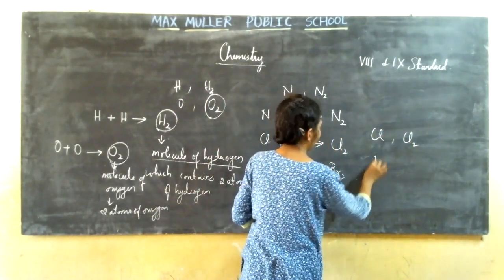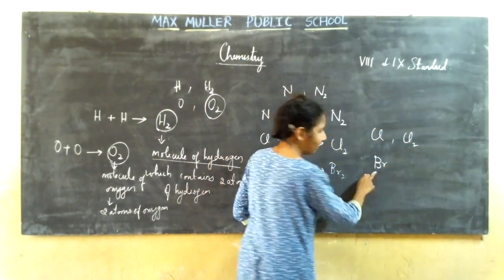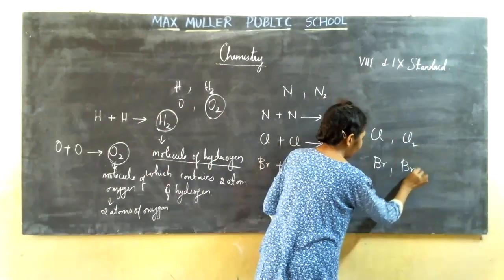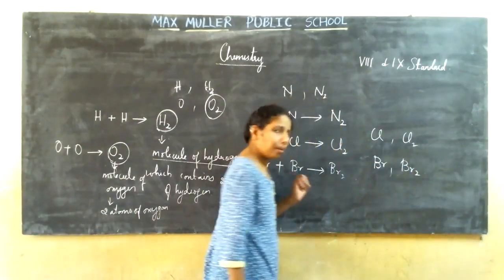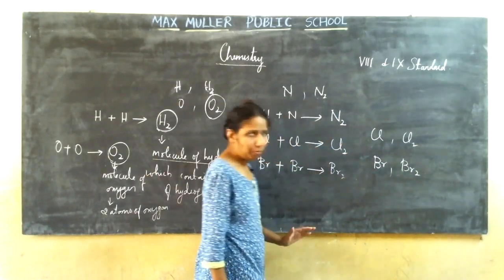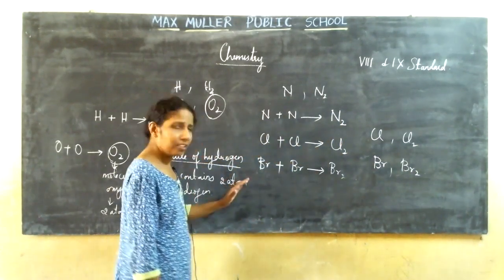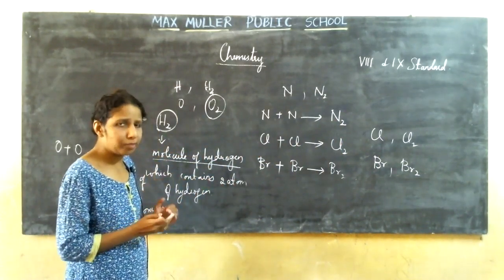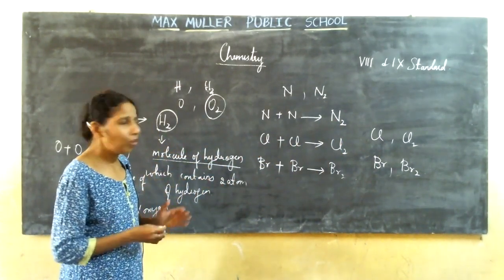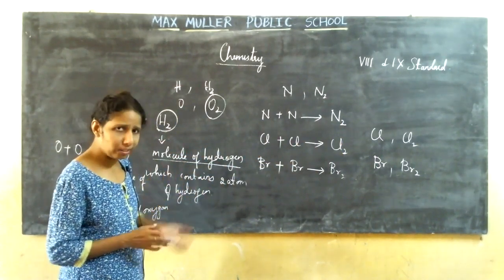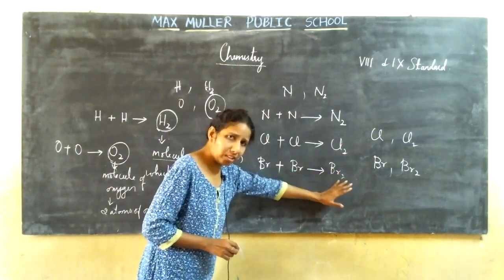Similarly, Br represents an atom of bromine, but when I write Br2, it represents a molecule of bromine which contains two atoms of bromine. Did you people understand this? I hope you came to know the difference between an atom and a molecule. We will define what are atoms and molecules later. I hope you understood this.